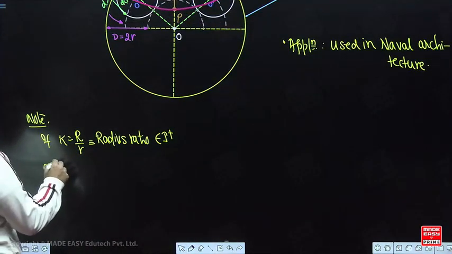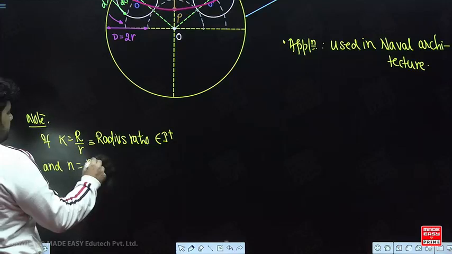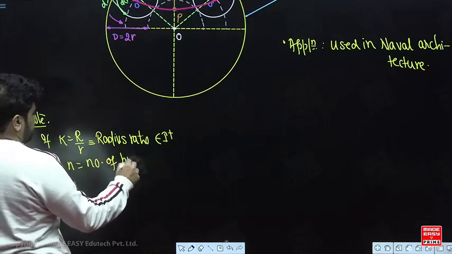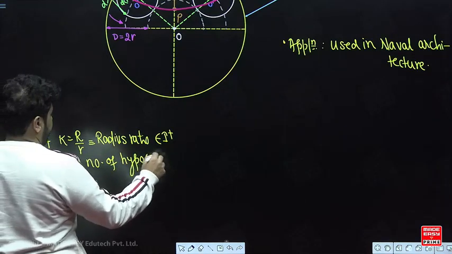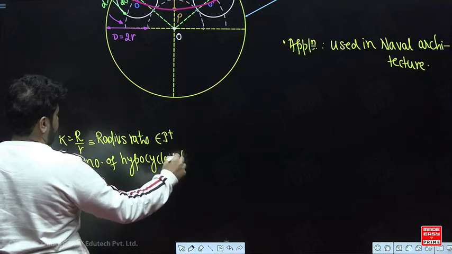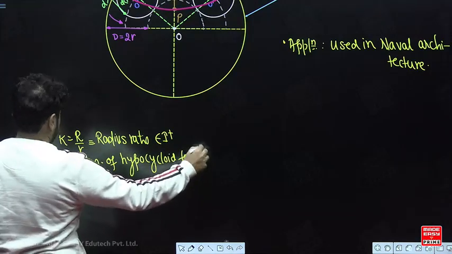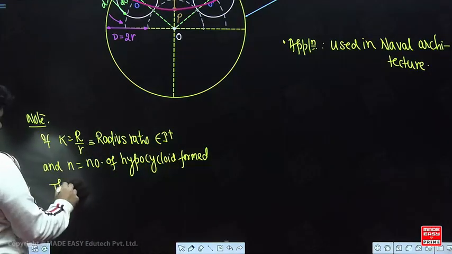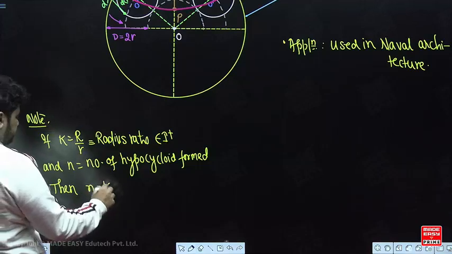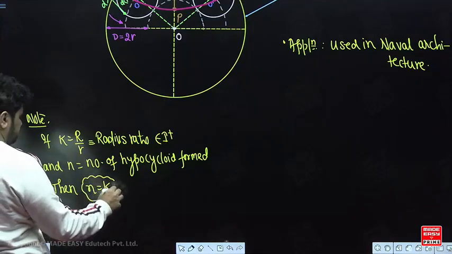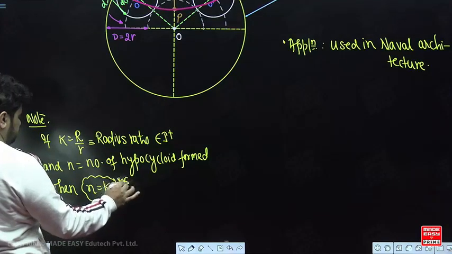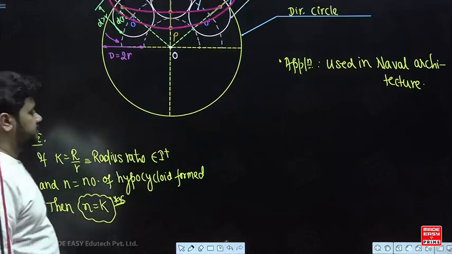And N is the number of hypocycloids formed. Then N is equal to K. Correct? Same thing.